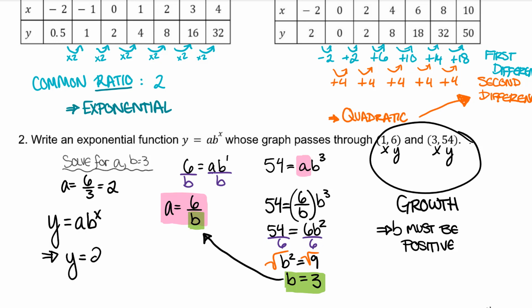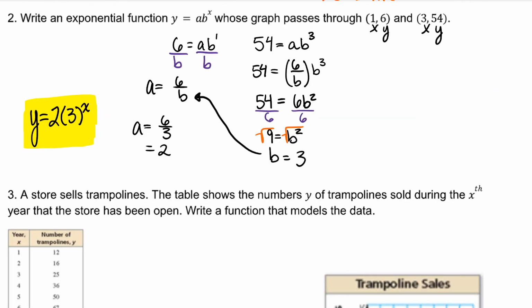So our exponential function is y equals 2 times 3 to the x. Just like when you were given 2 points and you were asked to find the slope, when you're given 2 points that represent exponential growth or decay, you can find the common ratio, or the base of the exponent.